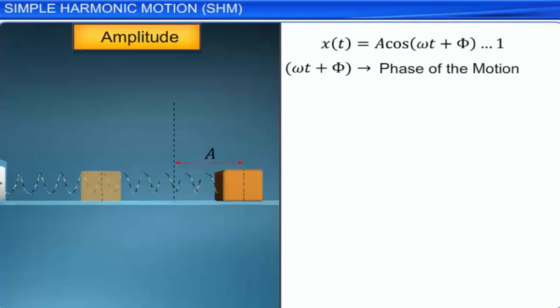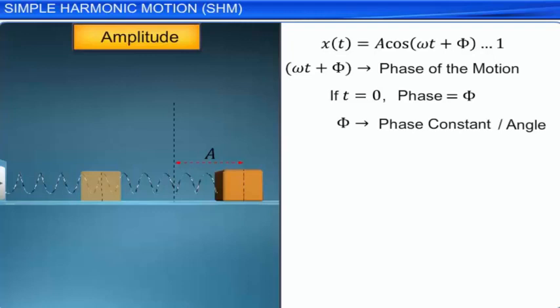At time t is equal to 0, the phase is equal to phi, and this is called the phase constant or the phase angle.